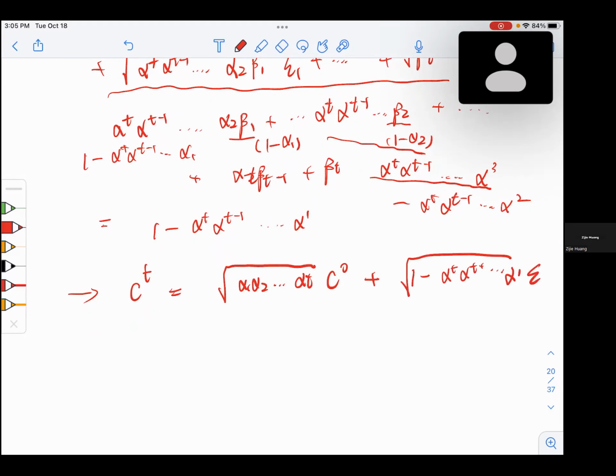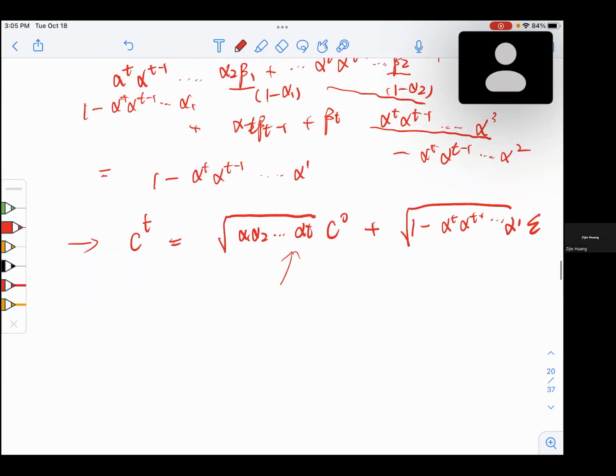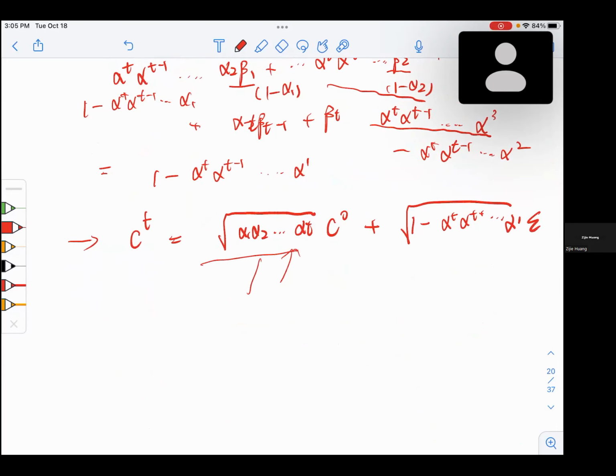So essentially we can observe that its new location can be defined as the multiplication of alpha 1, alpha 2 until alpha t. Let's imagine when this t approaches infinity. Because we define alpha t as 1 minus beta t, which is smaller than 1, this value will converge to 0, and this other value will converge to 1.